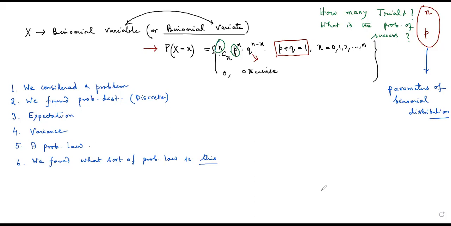Other probability distributions are there. We will try to look at their parameters. Then, okay, if it is not binomial, it is something else, and some other parameters are there.